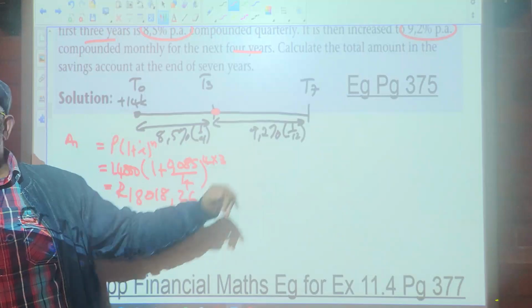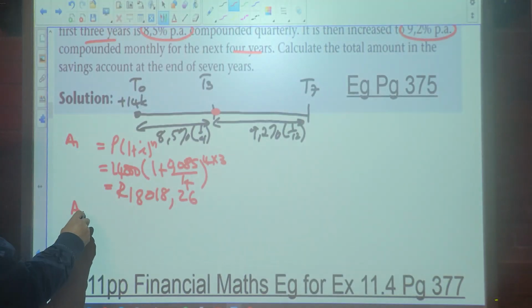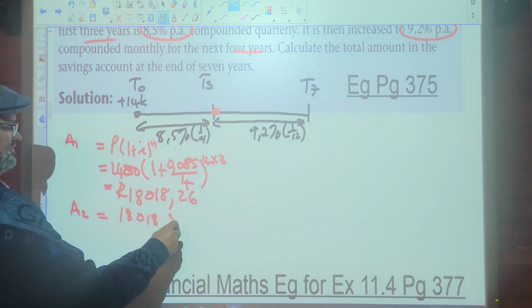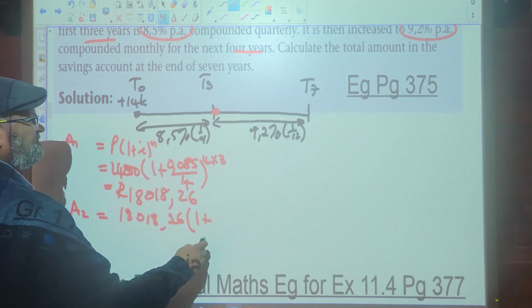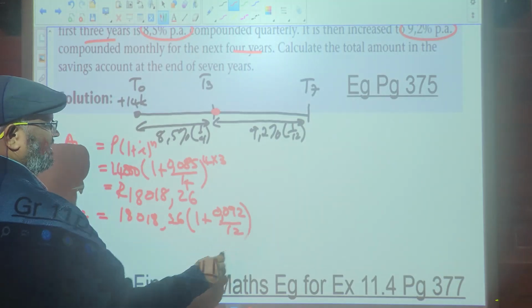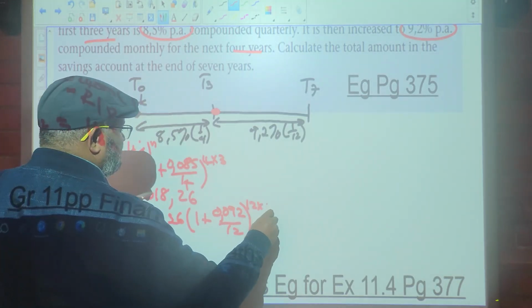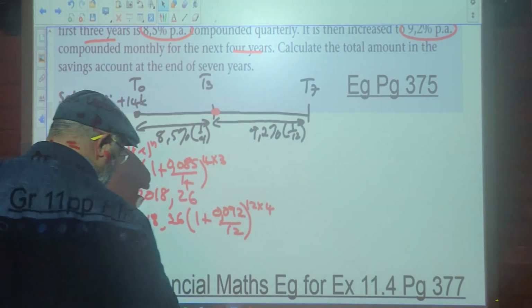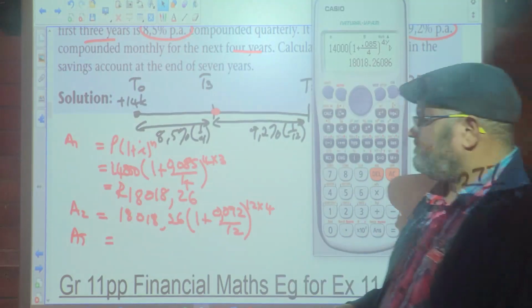You see that, people? So the second A formula, A2, is equal to 18,018 Rand and 26 cents into 1 plus 0,092 over 12 to the exponent 12 times 4. That's your A total. Okay.